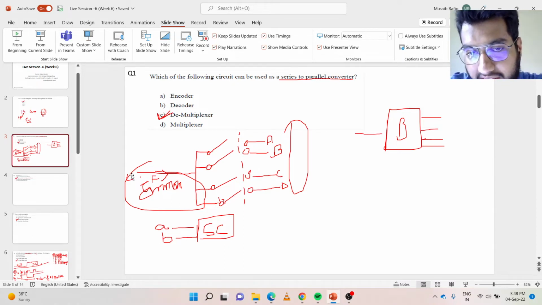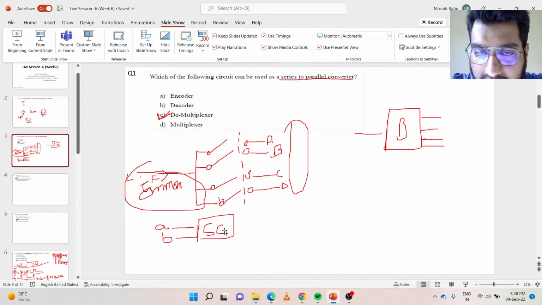If it were serial, it would go one way. But here the common data input is converted into parallel outputs A, B, C, D, and depending upon the switch circuit, it goes to one of the output lines. Let's say the select lines are 0, 0, then line A is selected. For 0, 1, B is selected. For 1, 0, C is selected, and for 1, 1, D is selected. So the input can be routed to 4 parallel paths using this switching circuit. The switching circuit is simply our select lines.